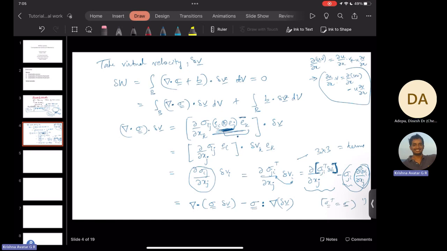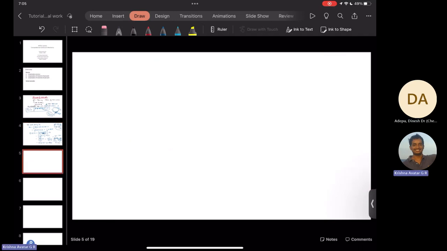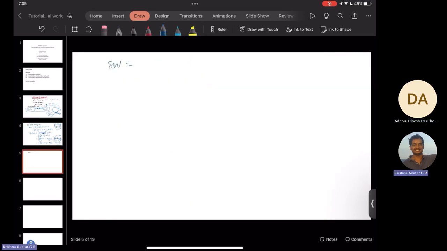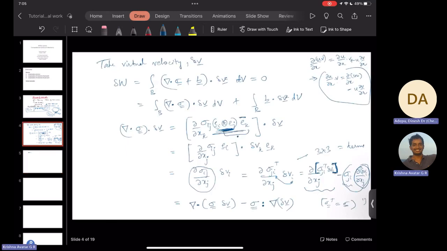Now let's go back to our delta W. We need to derive this once to get an idea of how things actually work here.